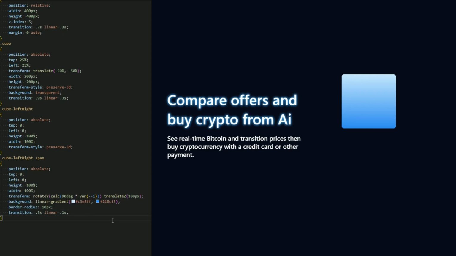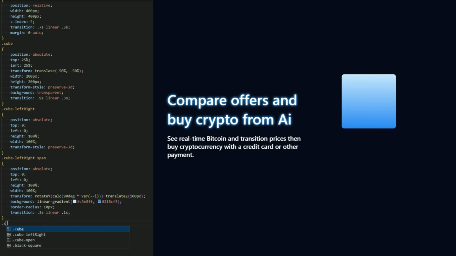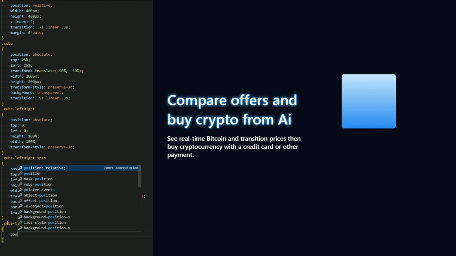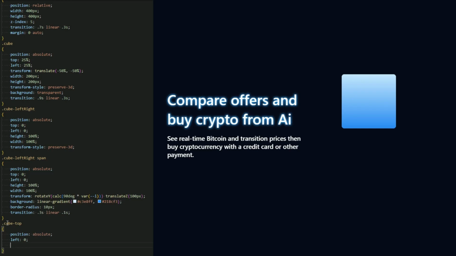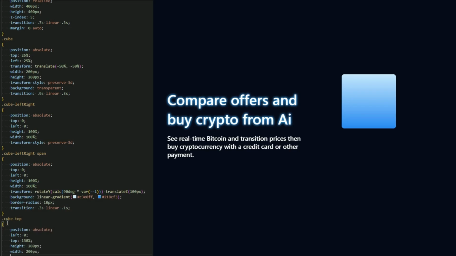Okay, here we go. Let me add style for cube top and cube bottom. So I'm gonna add position, add top, and let me add width and height. Okay, let me add background.